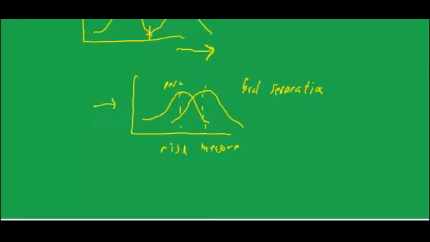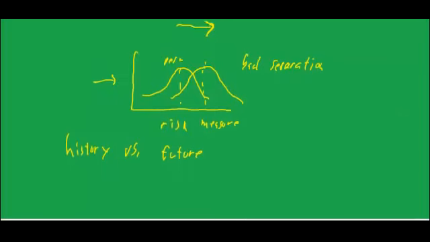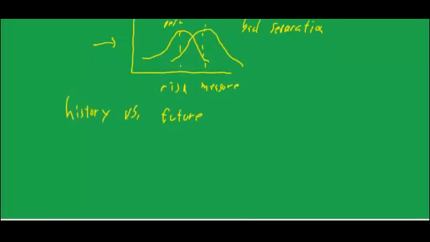Another important thing to emphasize is the distinction between history and the future. So if you look over any period of history to get your idea of how the risk measure predicts default, you may get very good separation, but you may not get a good prediction of the future.